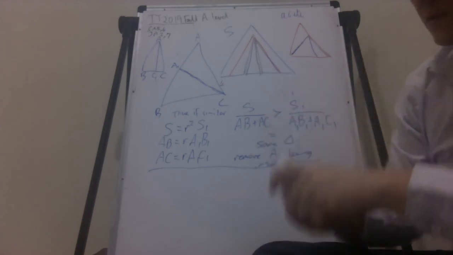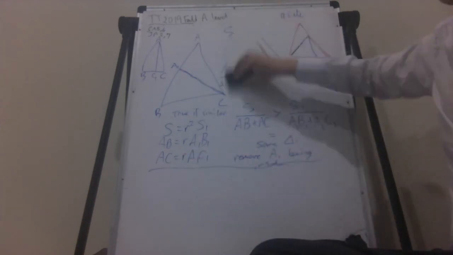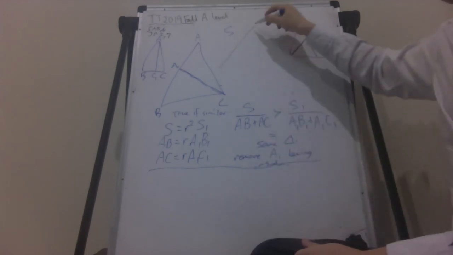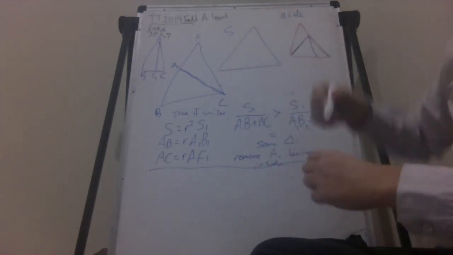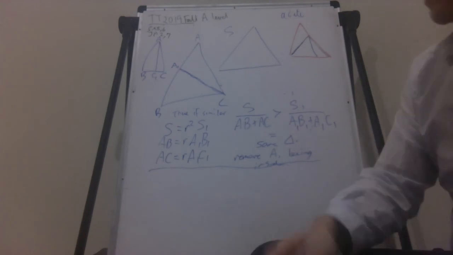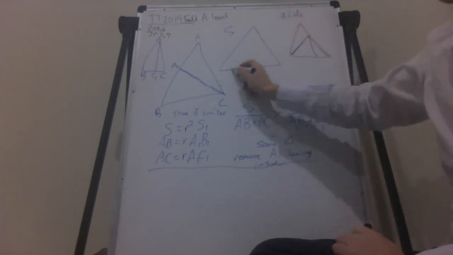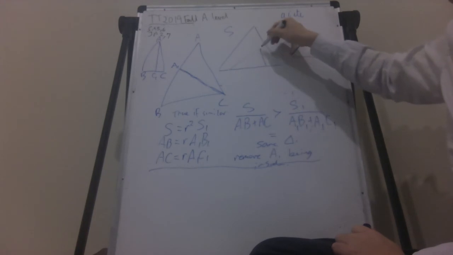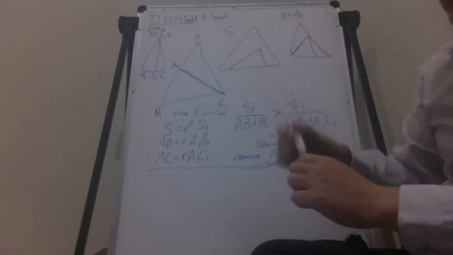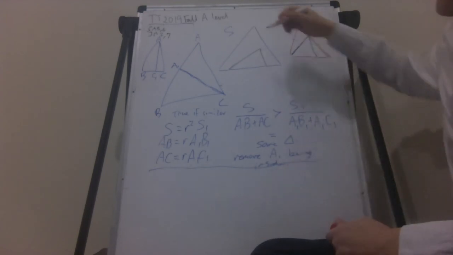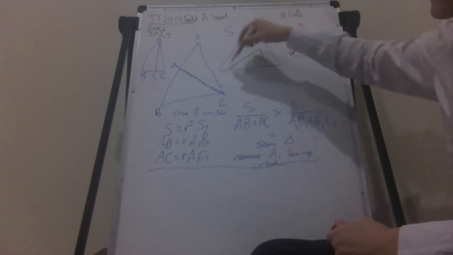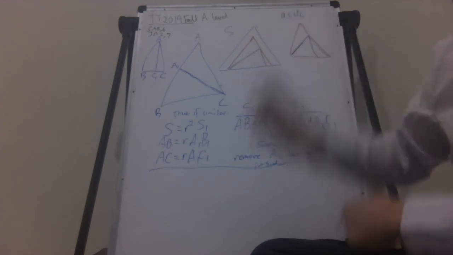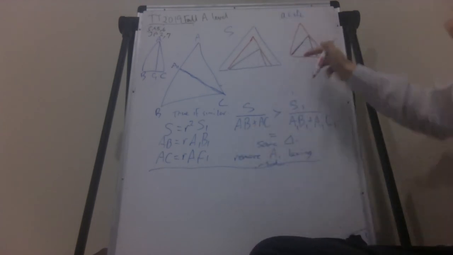What if one of them's more steep and the other one's not as steep? So this one's less steep, but this one's more steep. Then you can make a similar triangle like that. Okay, so you're in that case here.